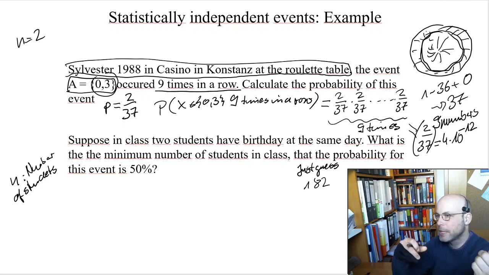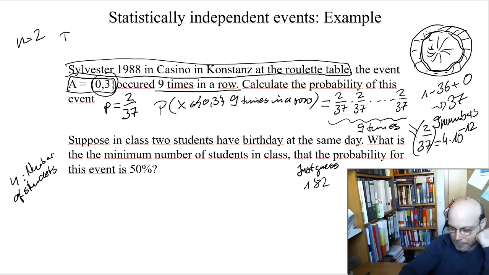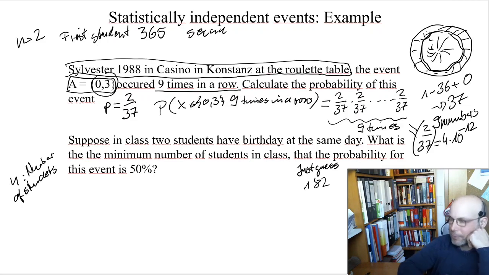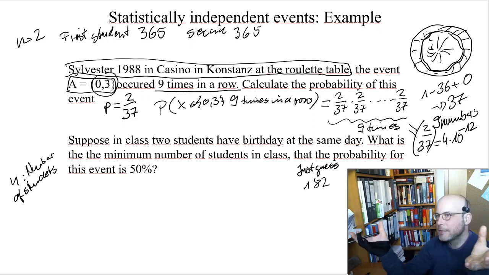So the first student has how many possibilities? Yes, of course, 365. And the second, of course, also 365.